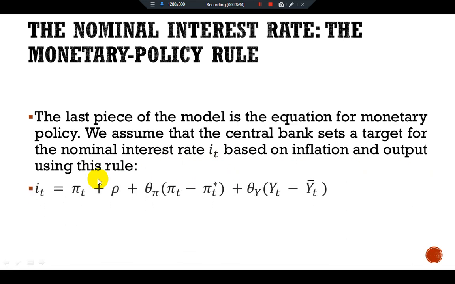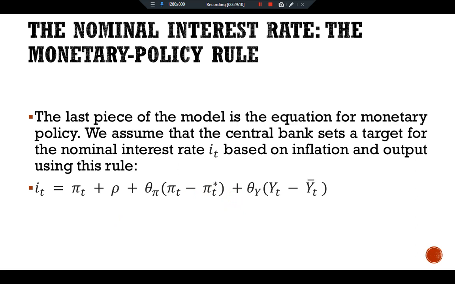We have here the equation it is equal to pi t plus rho plus theta pi into pi t minus pi t star, plus theta y into yt minus y over bar t. This equation presents the monetary policy rule here. In this equation, pi t star here is the central bank target for inflation rate.